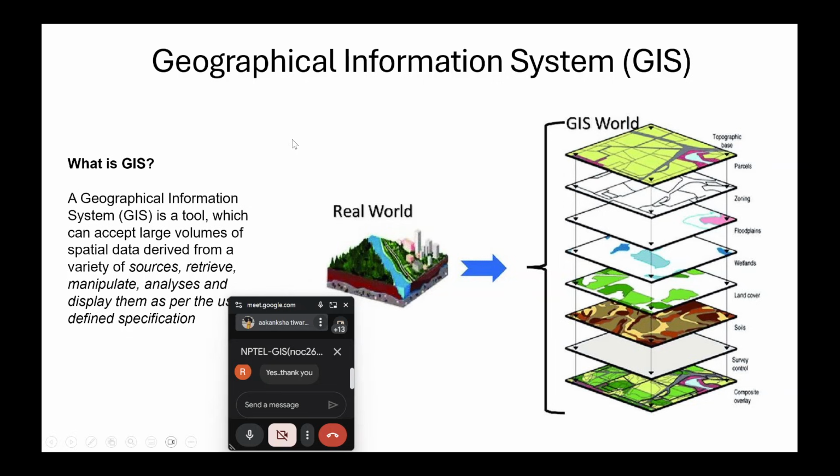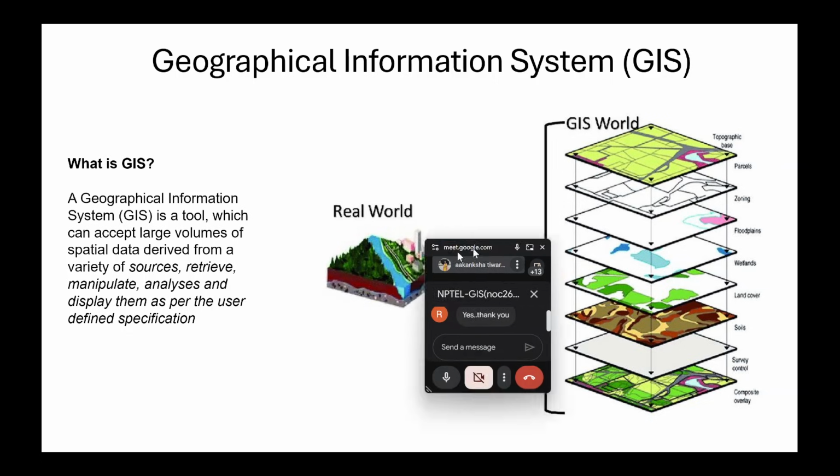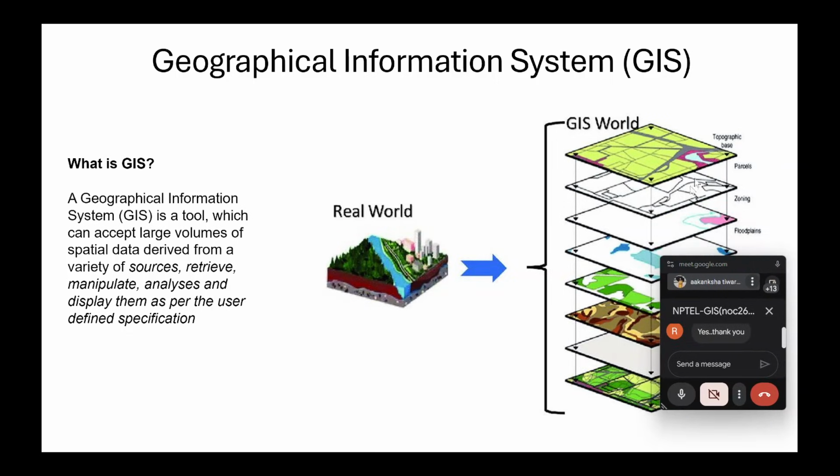So, what we do is that we accept large volumes of spatial data, and they can be derived from different sources. You can go to the field and get the data. You can also get satellite images using remote sensing techniques.